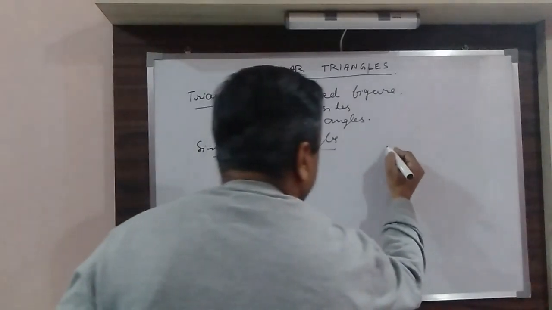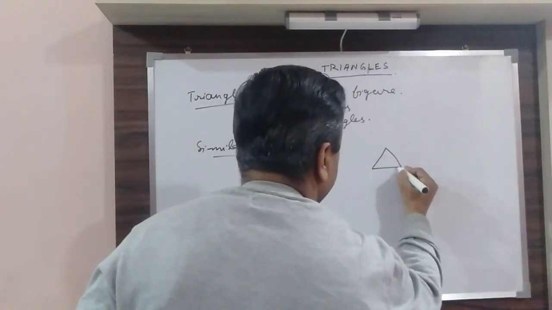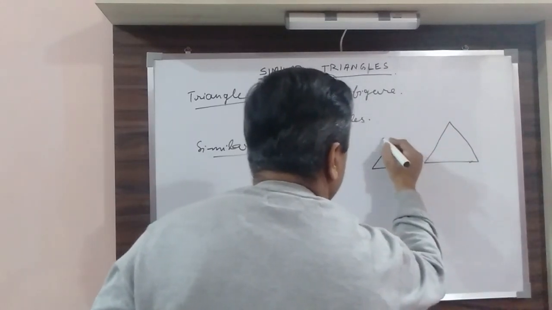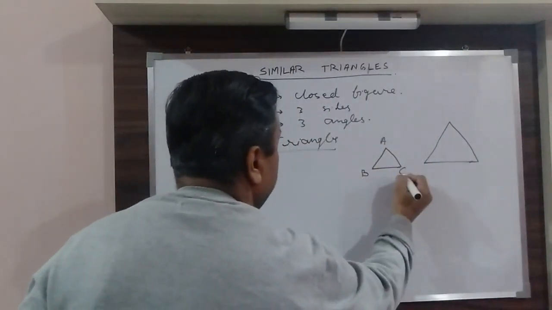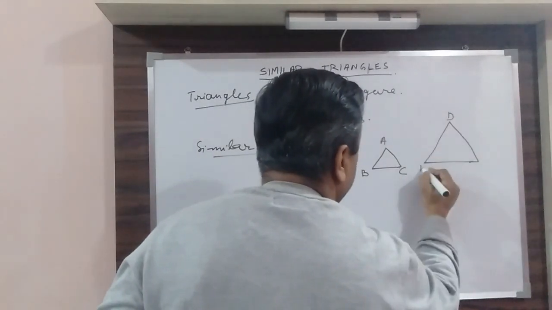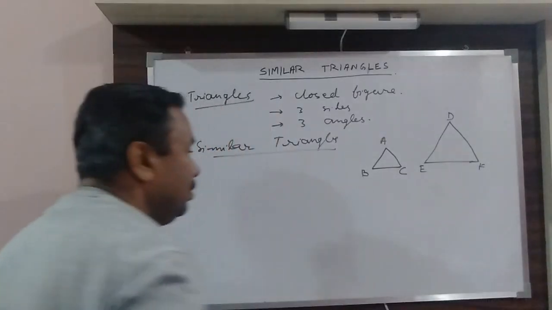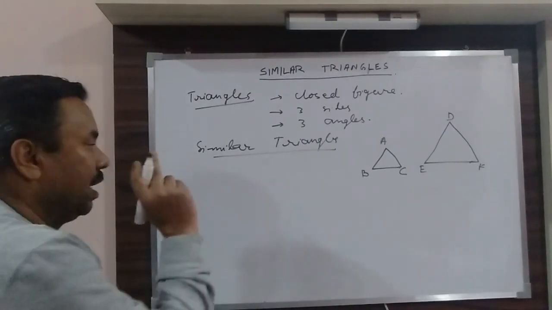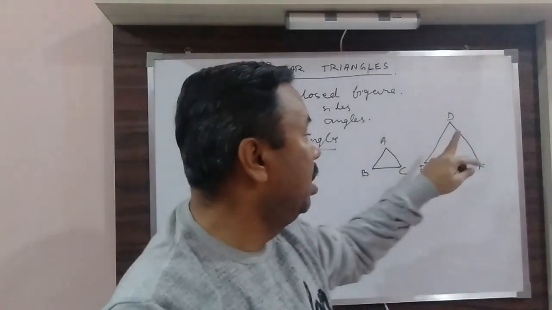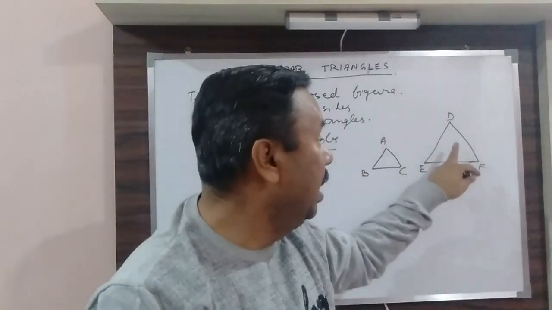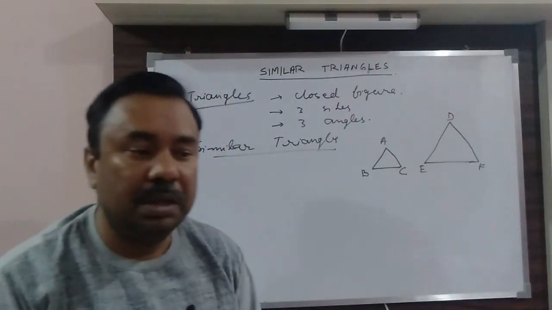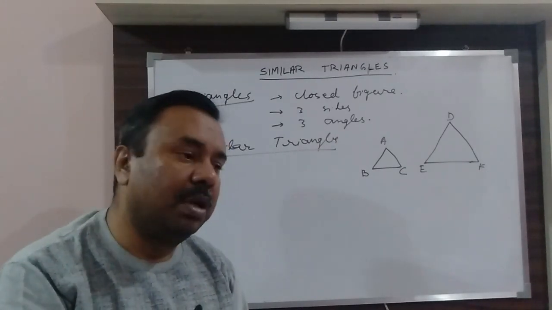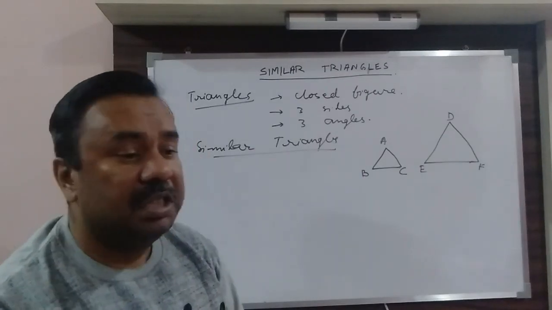If I make one triangle like this and another triangle like this, and this is ABC and this is DEF, if I say that triangle ABC is similar to triangle DEF, then two particular conditions have to be satisfied.